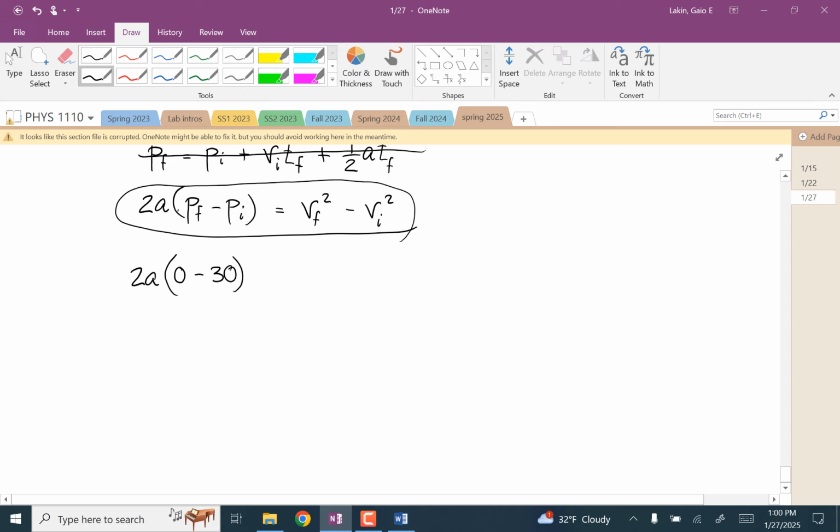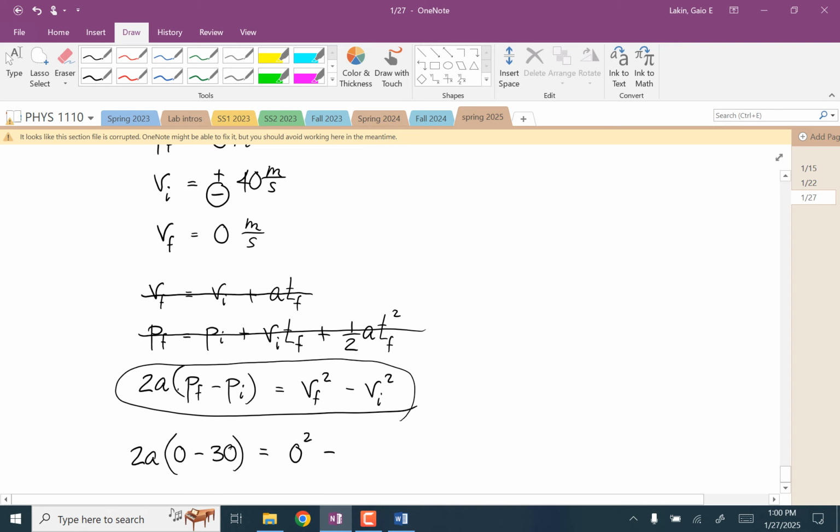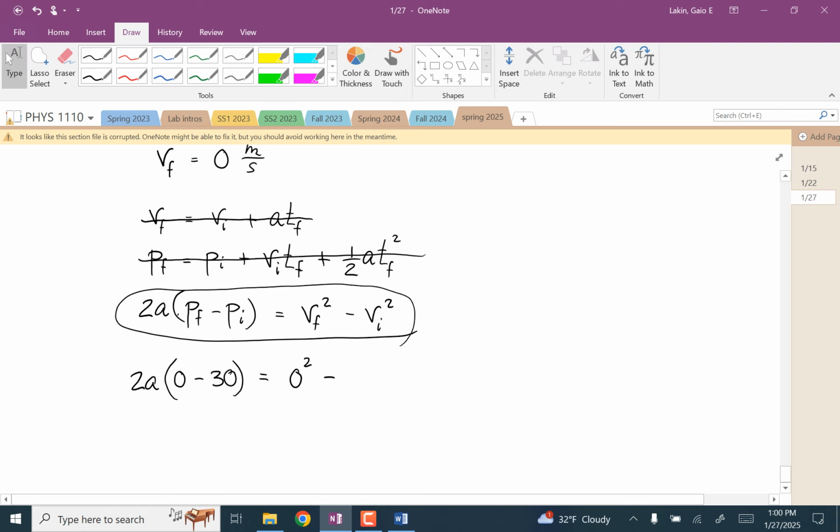And that's equal to 0 squared minus, V initial is negative 40, so minus 40 squared. And you do have to be a little careful here about the order of operations. We're going to square this negative 40, but we're not squaring the minus from the equation.